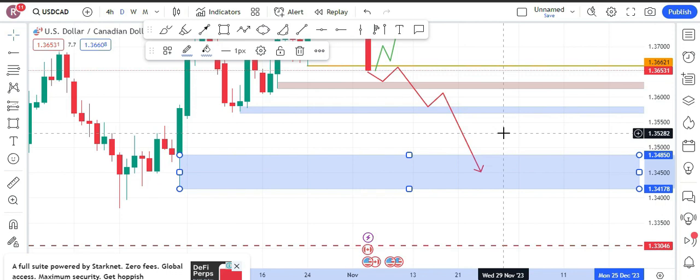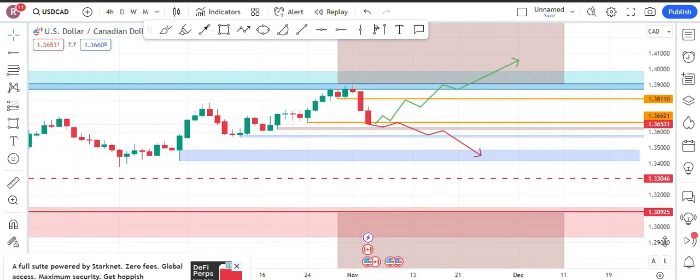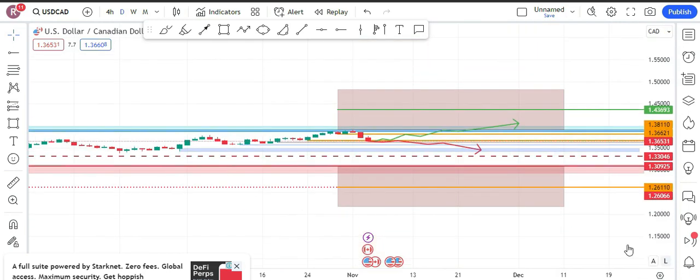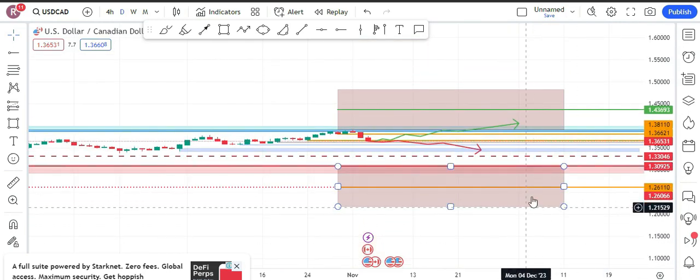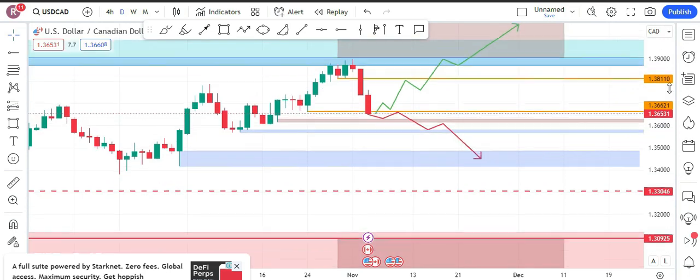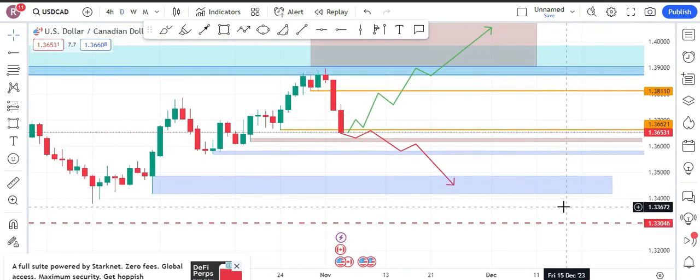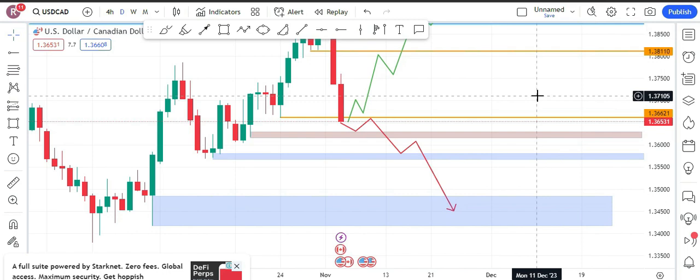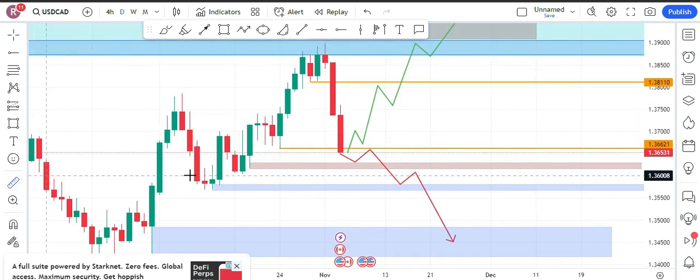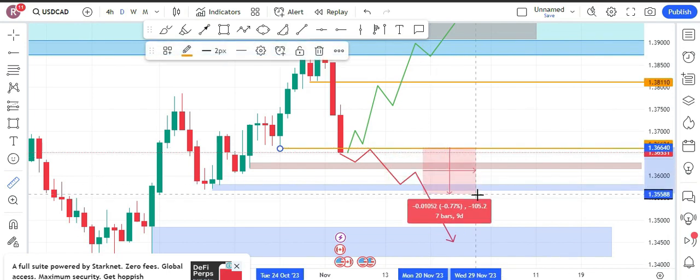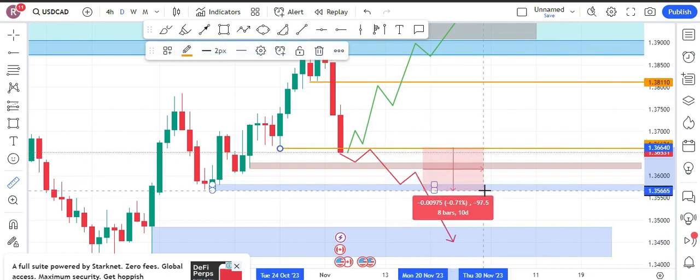Now, if for any reason price breaks off this 50% and then comes down, this door will open. This door will open. So I am not expecting that next week we will go so far, and the best we can have is something up to this, 100 pips, not more than that.